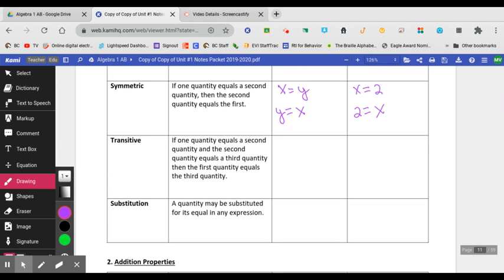Transitive. This one's kind of neat. If one quantity equals the second quantity and the second quantity equals the third, then the first quantity equals the third.